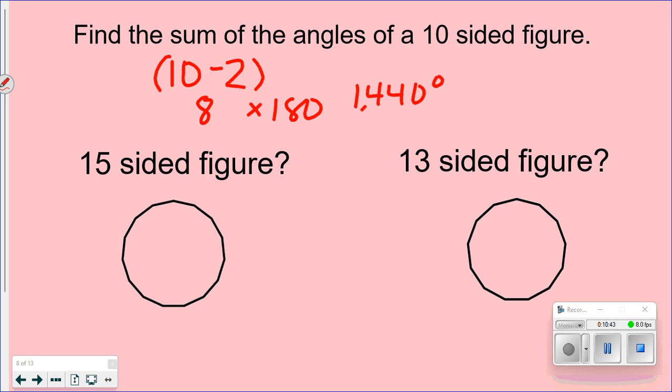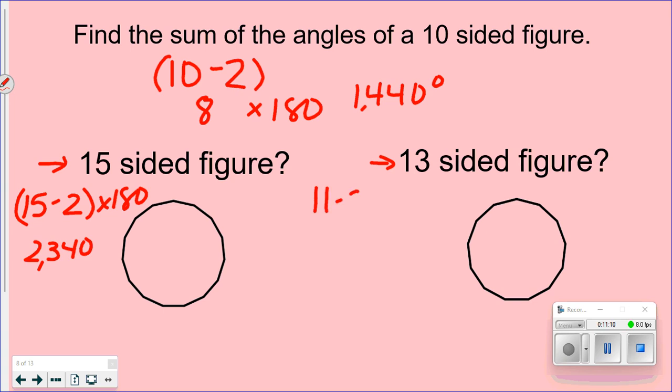Now I want you to try to do these two by yourself. I want you to figure out how many total degrees are inside each of those. Okay, the 13 one would be 11.